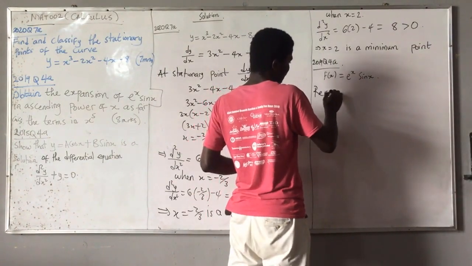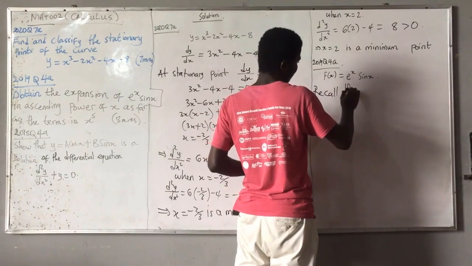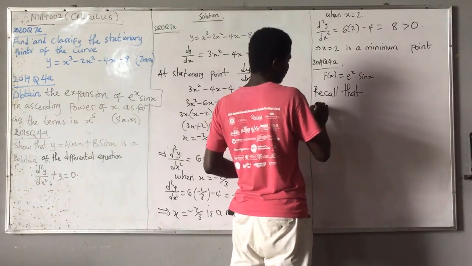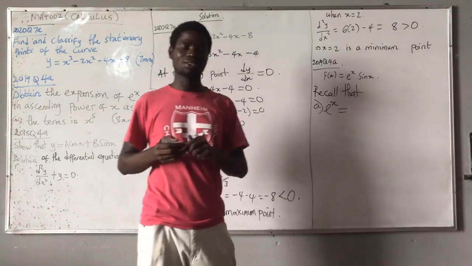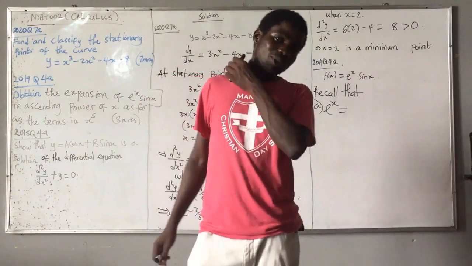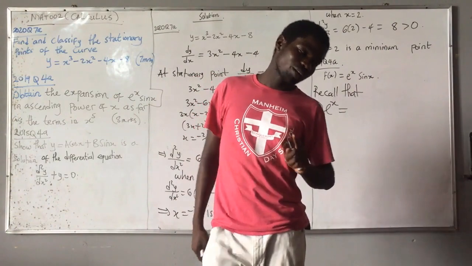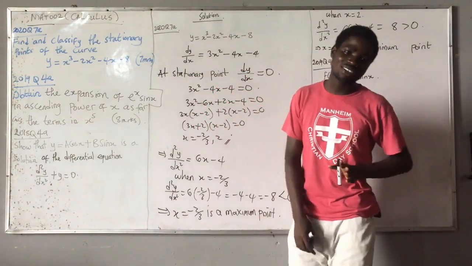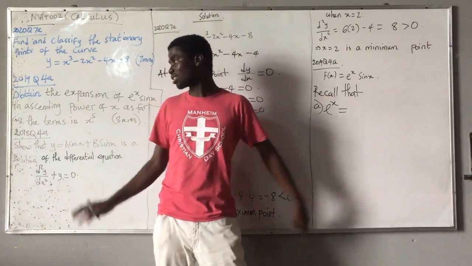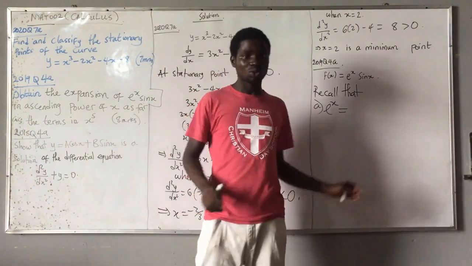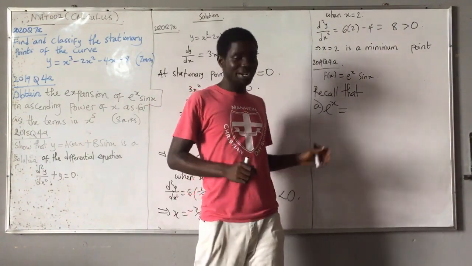Just pay attention. Now, you have to do something. Recall that, number 1, this first method I want to do is that you must know the Maclaurin series of both, the ascending power of both. Do you get? Actually, this is very simple.